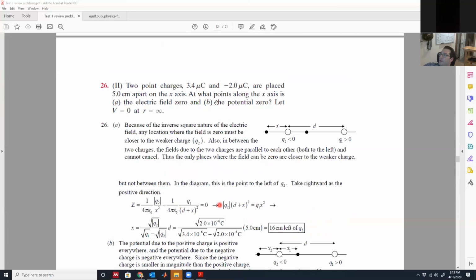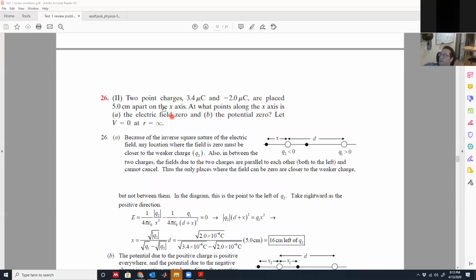They're pretty good. All right, so let's say we have 2 point charges in a line, the simplest case. We'll finish up with this problem, and we'll go to a two-dimensional problem after this. This is a one-dimensional problem. We have two charges on the same line, and we want to calculate the electric field at different points, or in this case, the electric field and potential.